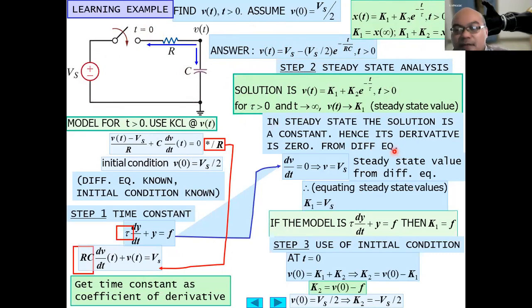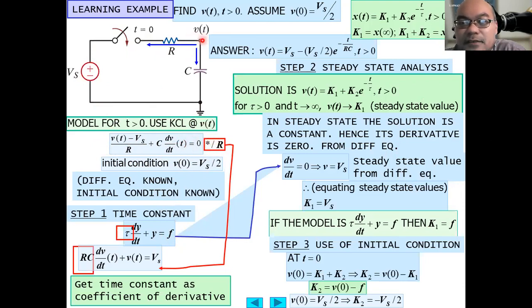Again, to summarize: what is F? F is the forcing function, representing the effect of this voltage source. If you derive the equation for the circuit using Kirchhoff's current law, you obtain V(t) minus Vs over R plus C dV/dt equals 0, right?